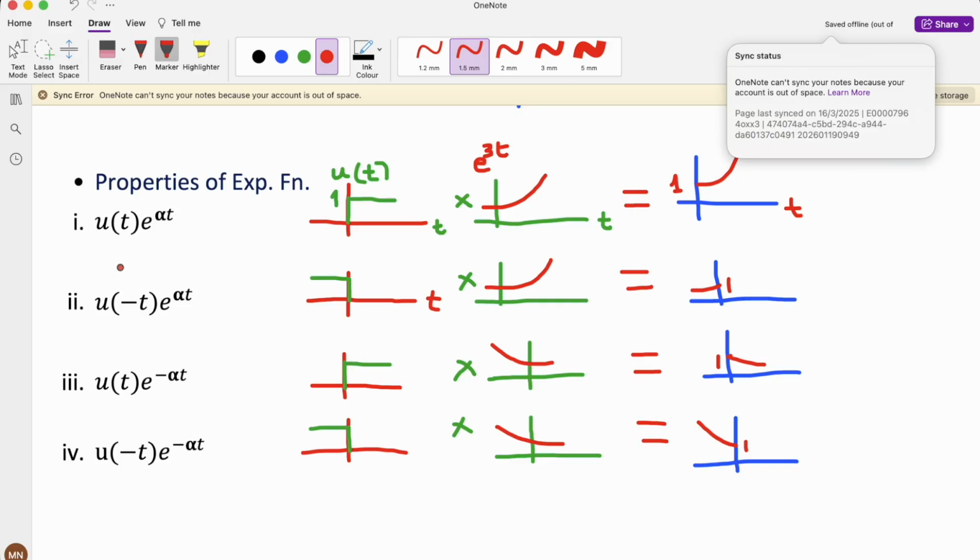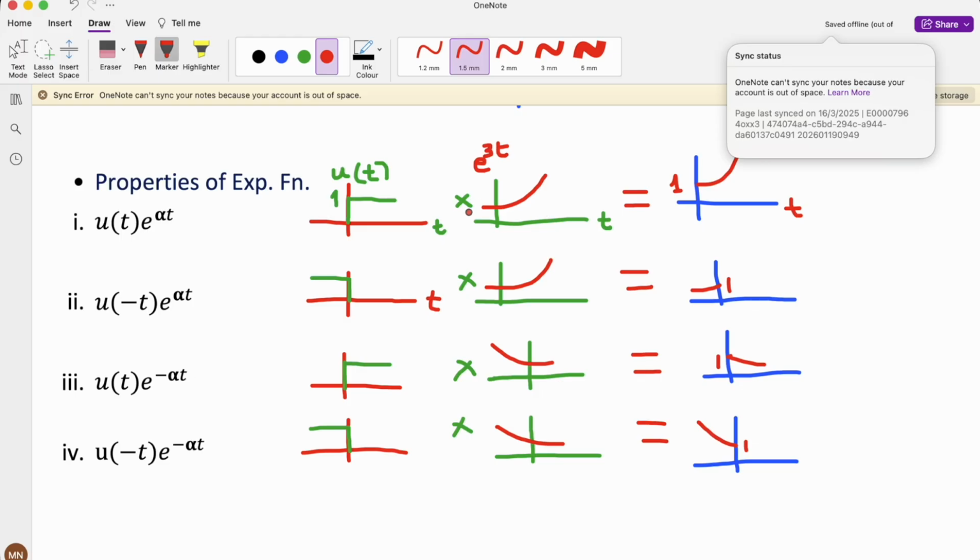The first one is that if you multiply the unit step signal with the exponential signal, suppose the value of alpha is equal to 3. That signal is a unit step signal, and if you multiply that unit step signal with e raised to the power 3t, you can write that exponential function using this curve.